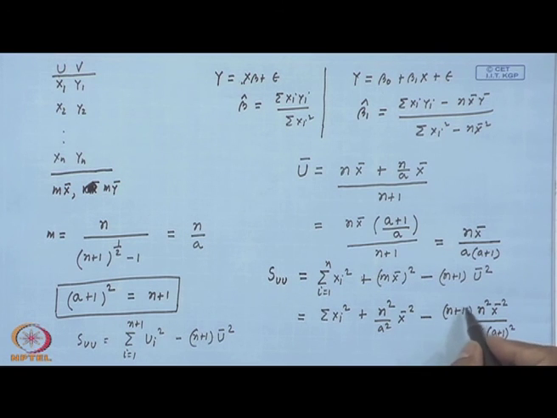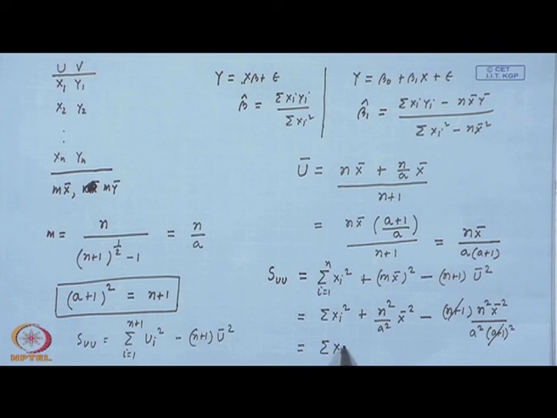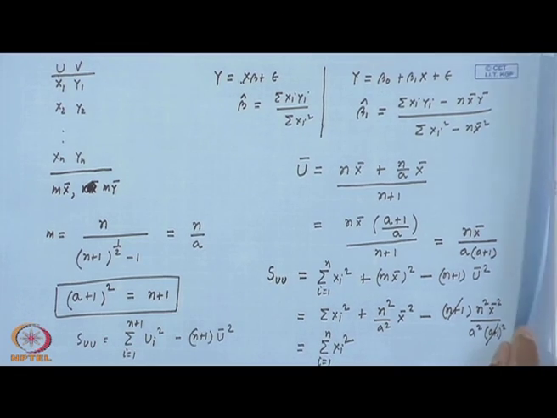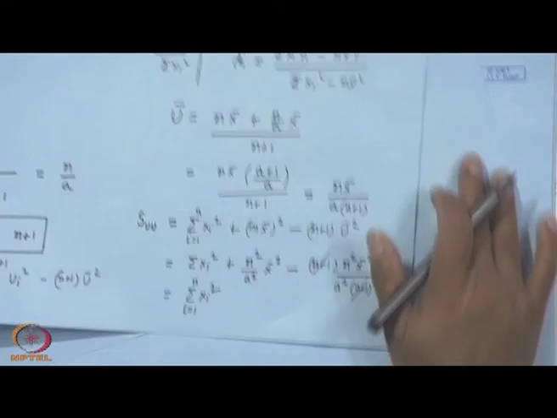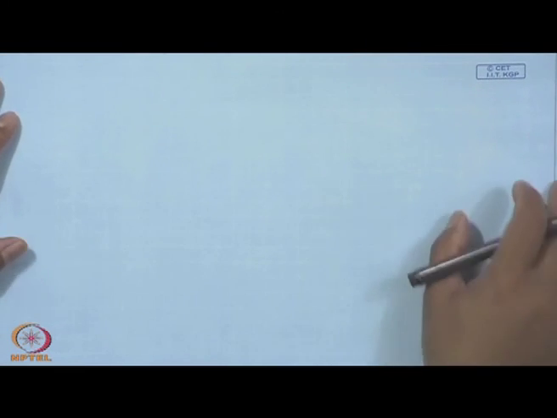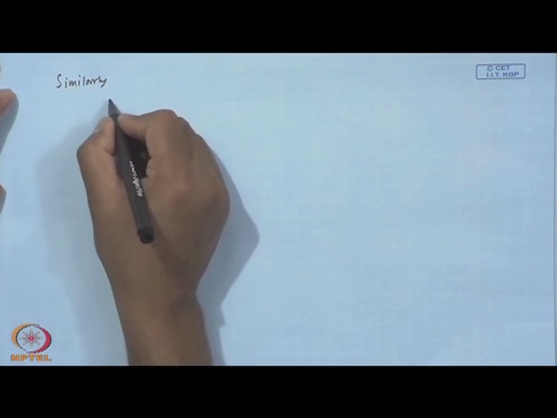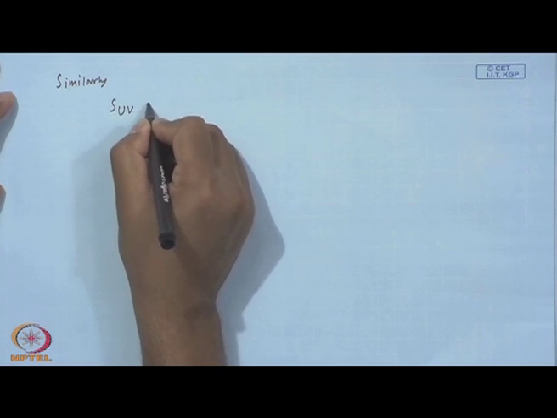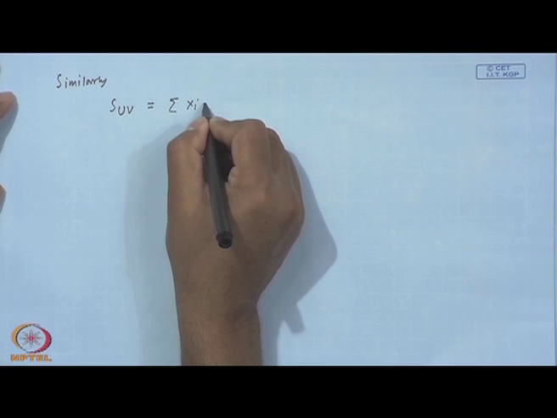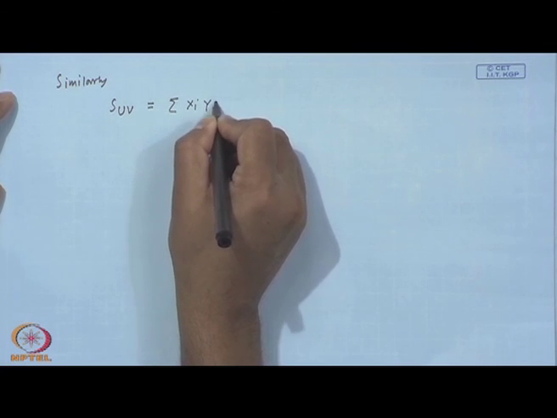So, I can cancel out these two things, right, and then you can see that this term is same as this term. So, you are left with summation x_i square. Okay. So, S u u is equal to summation x_i square from i equal to 1 to n, and similarly you can prove that S u v is equal to summation x_i y_i.